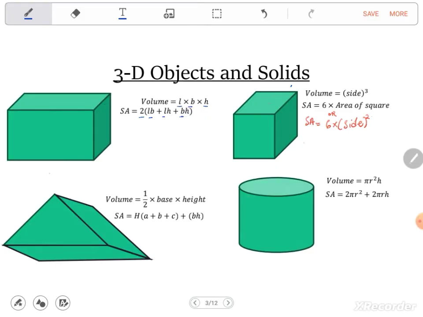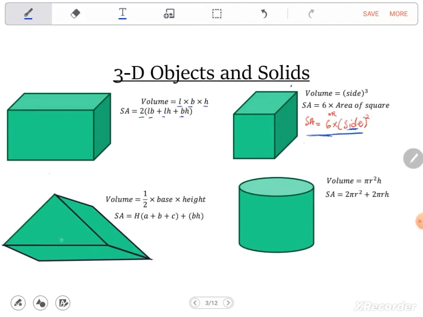If you want an in-depth study into this, look into the previous video. For the cube, the volume is side cubed, whilst the surface area is 6 times side squared.